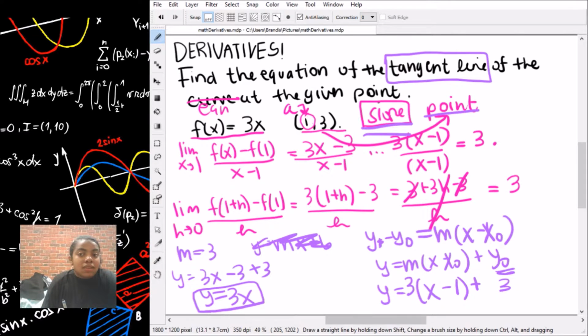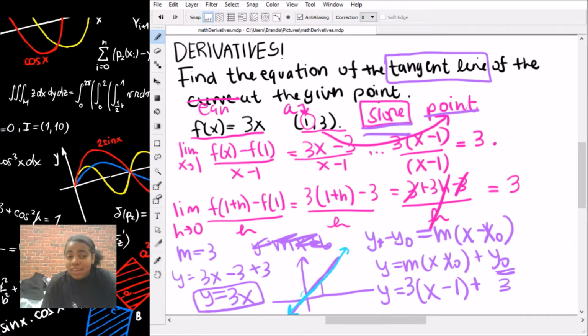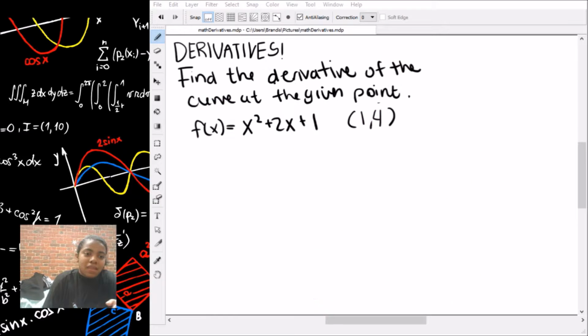Surprise, surprise. Why do you think that is, folks? Because if you were to take the tangent line at any point of this line, it would just be the same line. You see? Crazy stuff. Math is happening. Alright, now we can move on.